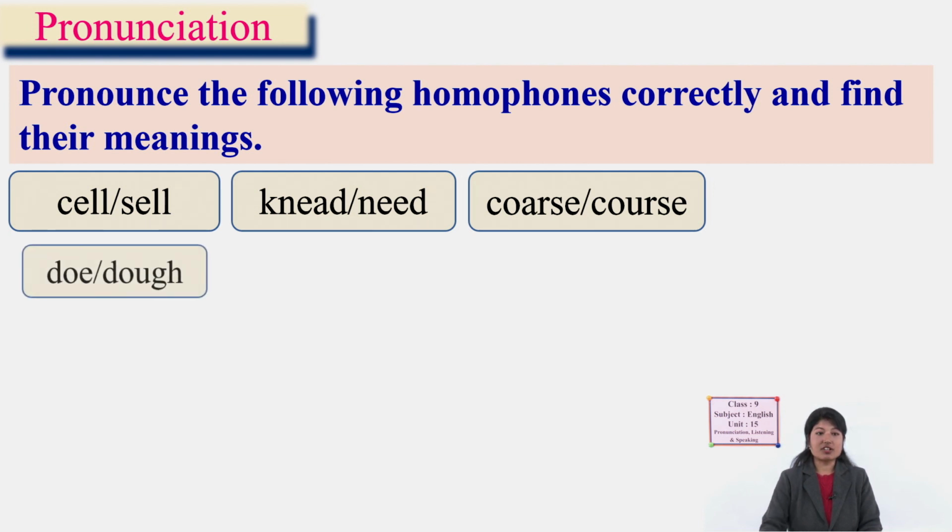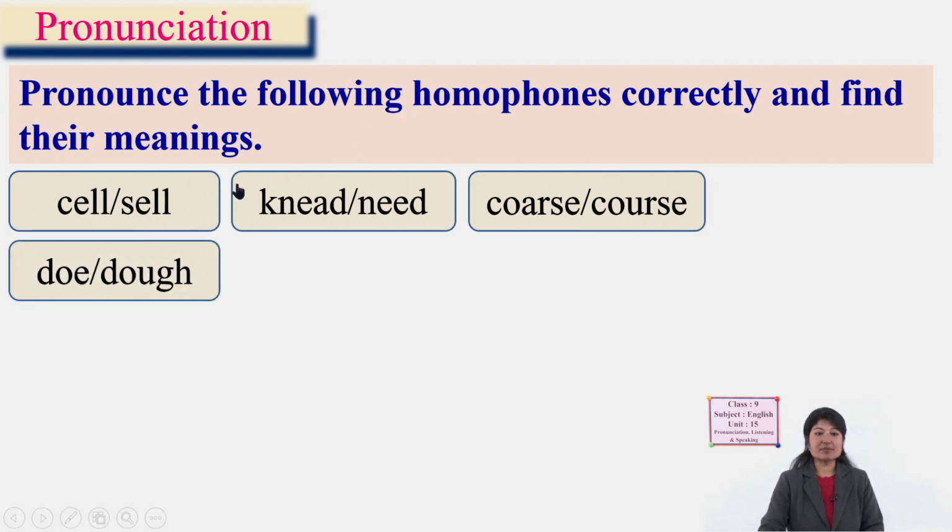Next pair of words are doe and dough. What's the difference in the meaning of doe and dough? The spelling is D-O-E and D-O-U-G-H. The first, doe, is a female deer, an animal, right?